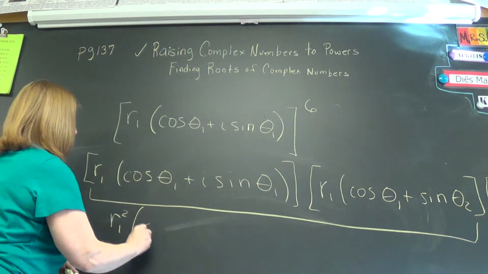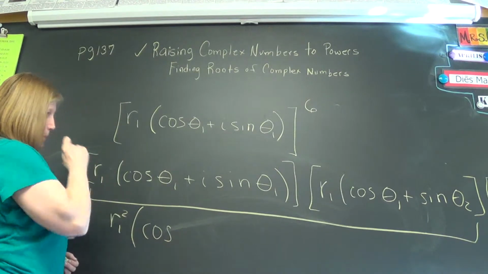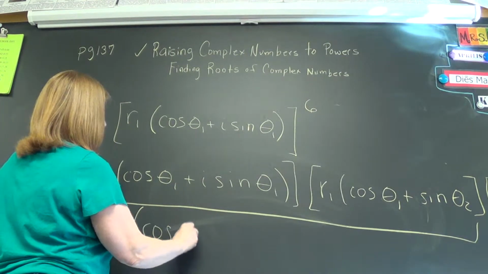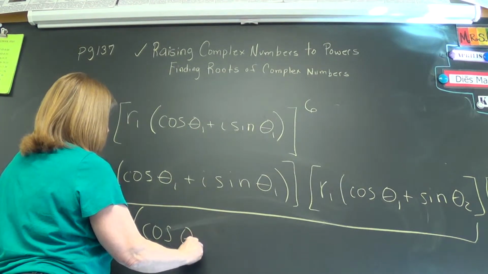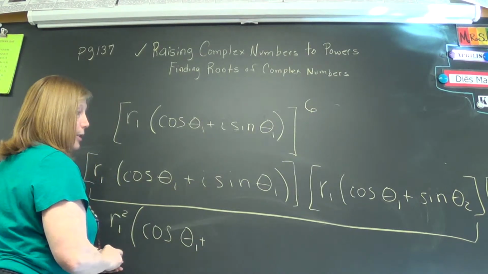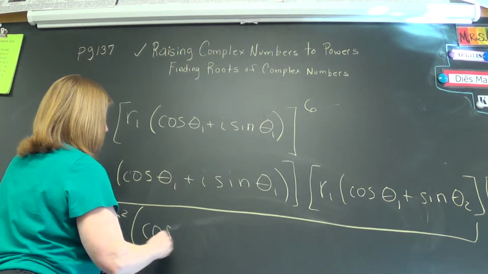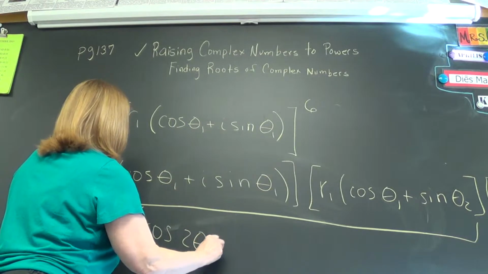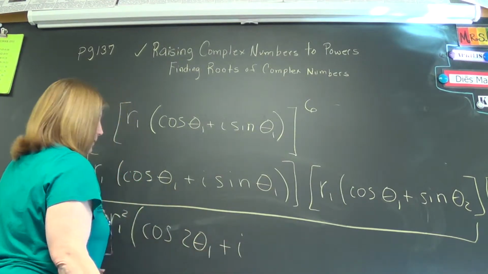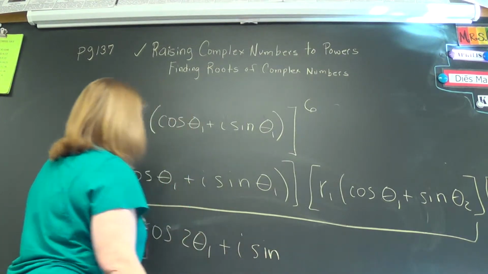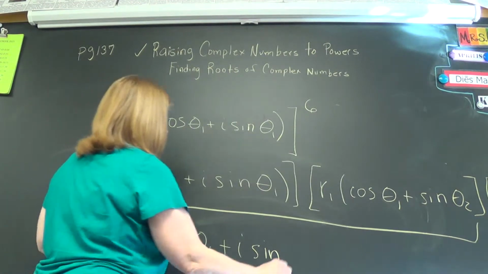And then in parentheses, cosine theta 1 plus theta 1, which is 2 theta 1s. So I'll just go ahead and simplify. And then plus i sine theta 1 plus theta 2.